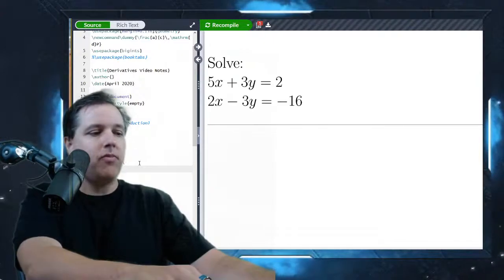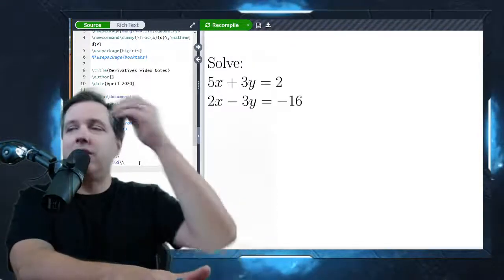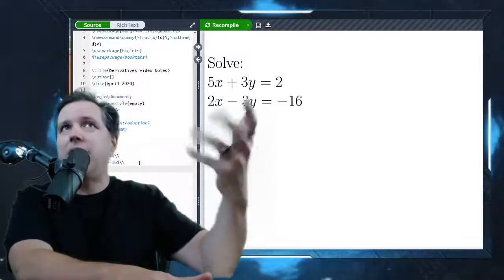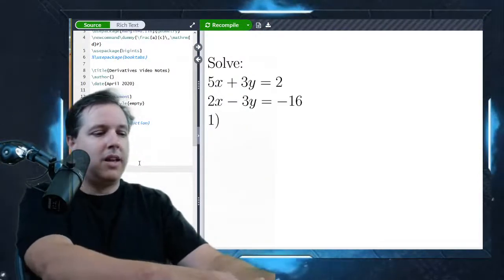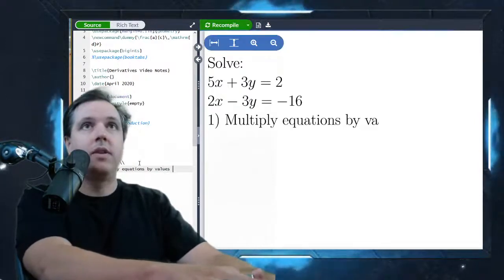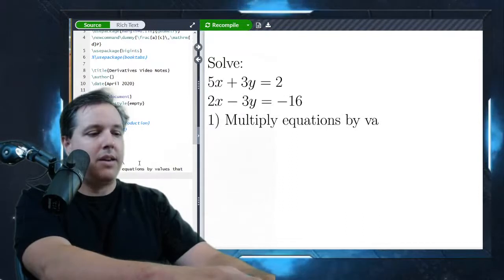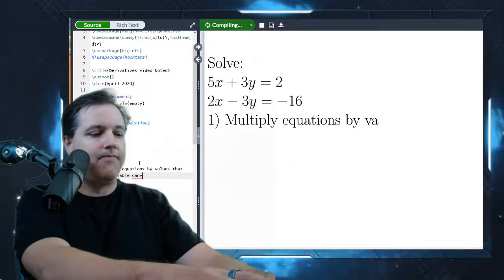So step 1, I'm going to write the step that we're skipping because it was already done for us, but I just want you to see what that step would do. So what we would do is we would multiply equations by values that make a variable cancel.